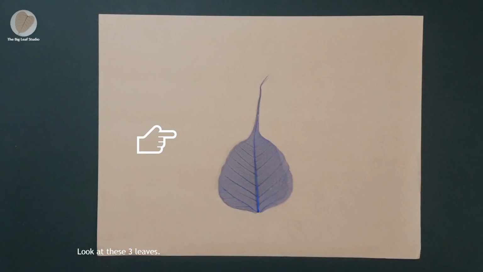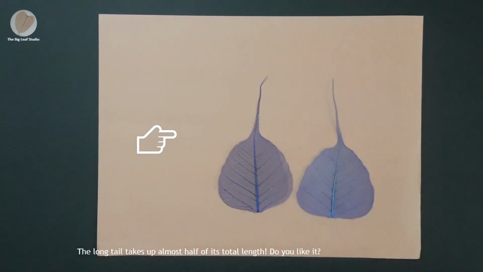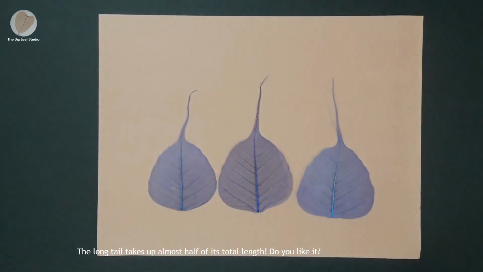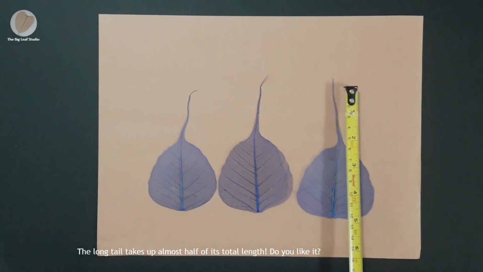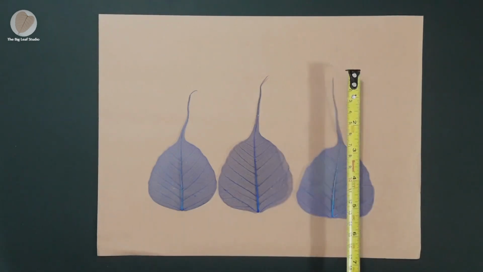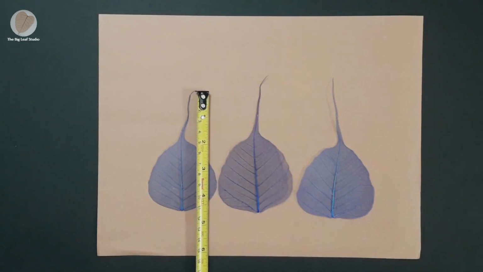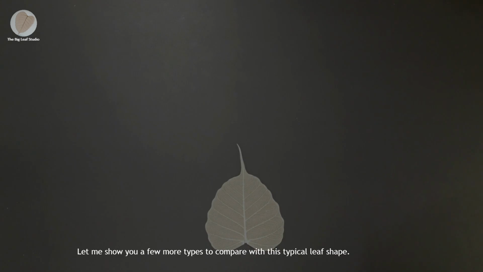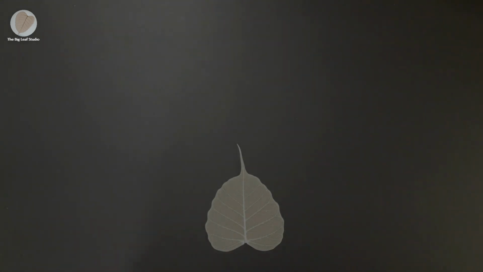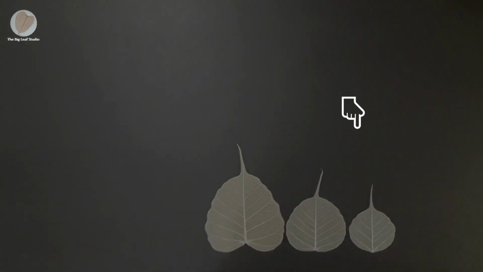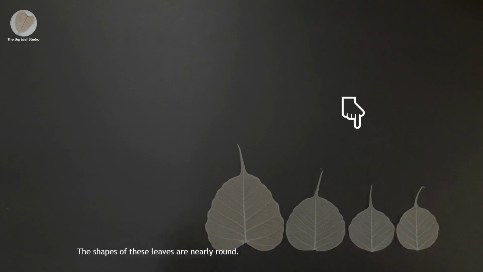Look at these 3 leaves. The long tail takes up almost half of its total length. Do you like it? Let me show you a few more types to compare with this typical leaf shape. The shapes of these leaves are nearly round.